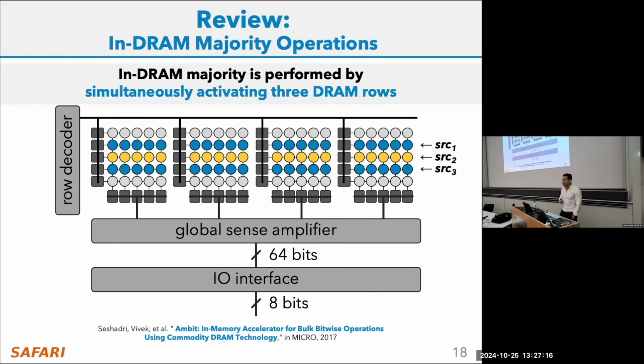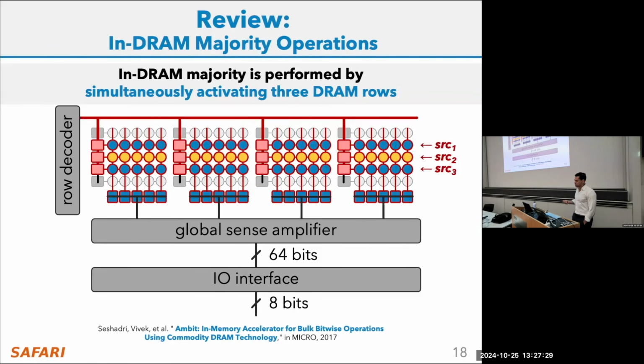We also saw that we can extend this approach to do something more fancy. We can do in-DRAM majority-of-3 operations by simultaneously activating 3 DRAM rows at the same time. When you activate those 3 DRAM rows, the 3 DRAM cells involved in the computation simultaneously perturb the local bit line.